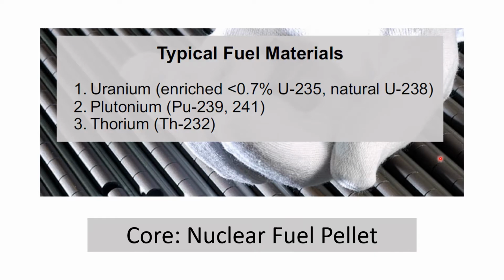Your typical fuel materials are your uranium, typically enriched to less than 7.7% of your uranium-235, and you also have your natural uranium-238, and you have your plutonium-239 and 241, and also thorium-232 in some research reactors.